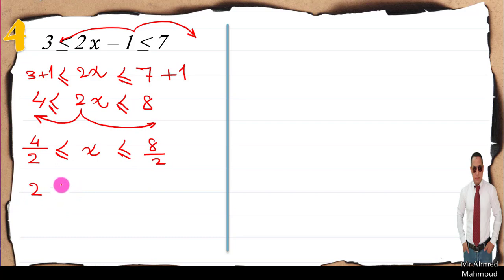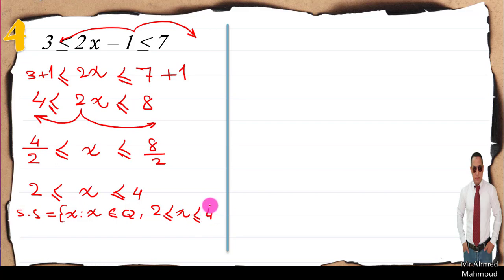Here 2 less than or equal to x less than or equal to 4. The solution set is x such that x belongs to Q and 2 less than or equal to x less than or equal to 4.